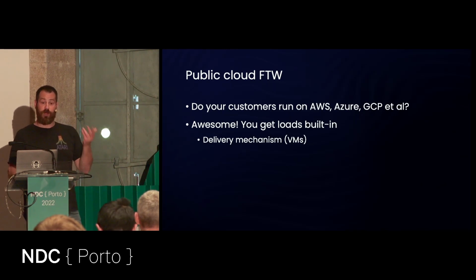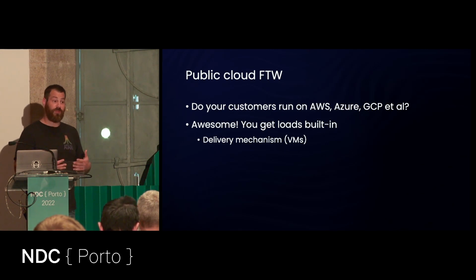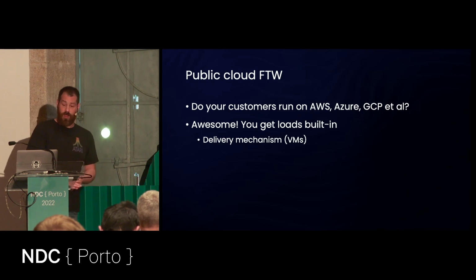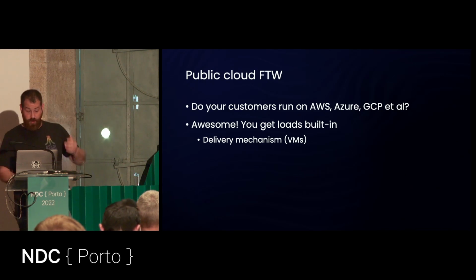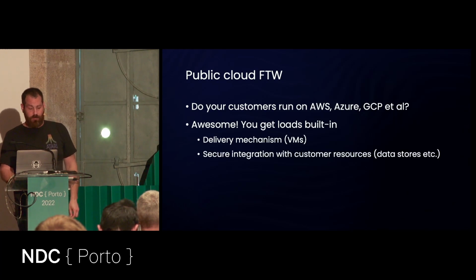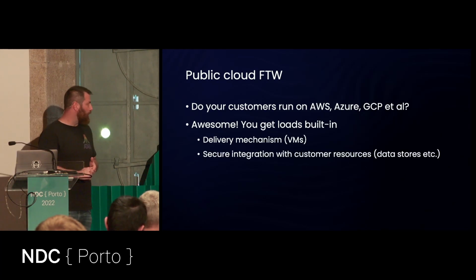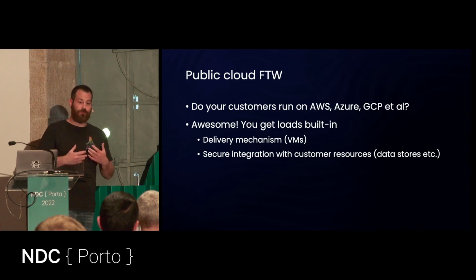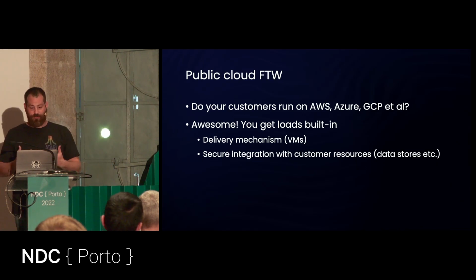If you're running on AWS or Azure, there's a marketplace for virtual machines. It makes it that much easier for your customers to get up and running with your software on their own designated public cloud. But more importantly, it also gives you a lot of integration opportunities that are actually really hard to get to as a software vendor.